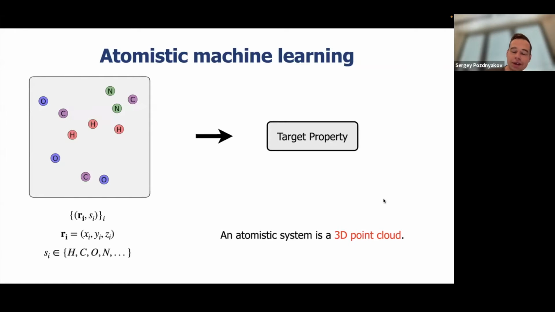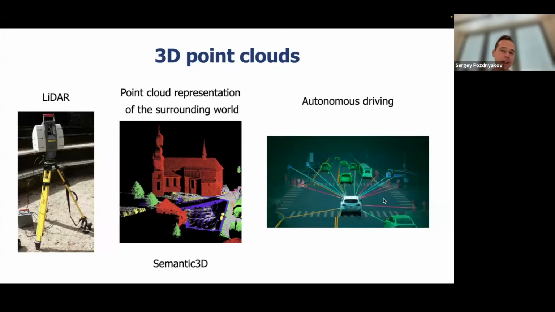So an important observation is that atomistic systems are not the only three-dimensional point clouds in this world, as is illustrated on these slides. So the leftmost picture is LIDAR.